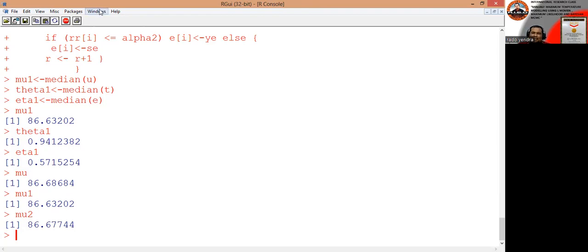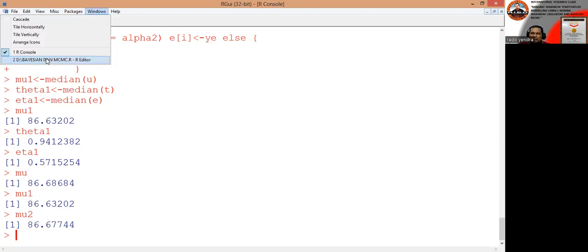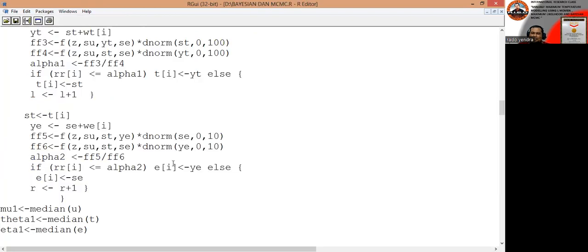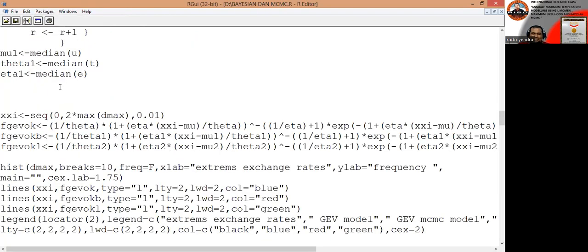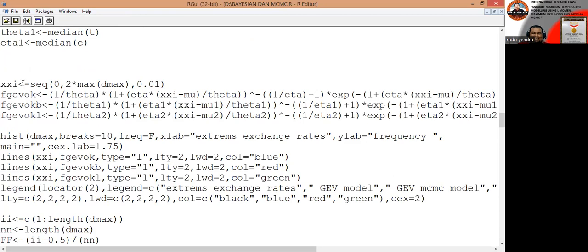So we have designed the R programming in this program. You can check here. If I say SXE, it means you need a long series of data from 0 until 2 multiplied by the maximum data, with a step of 0.01.